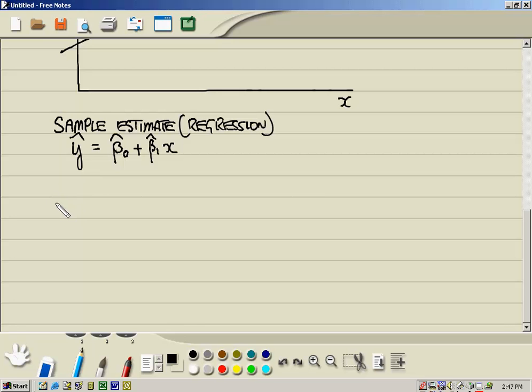Right, so that's the equation to the line itself, the estimated line. An actual point would be y, not y hat, is equal to beta hat 0 plus beta hat 1 x plus the sample estimate of the error e. So this is the true point.